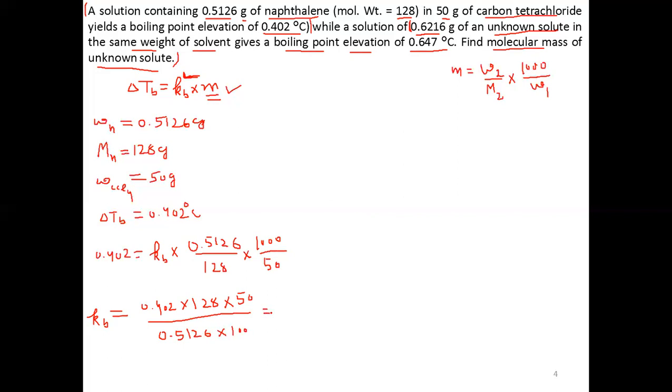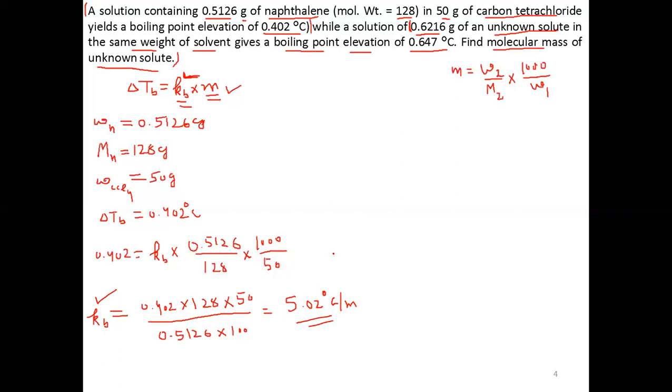If we solve this, its value will come out to be something like 5.02 degree Celsius per molality. The unit of Kb is degree Celsius per molality. The molal elevation constant we have found.